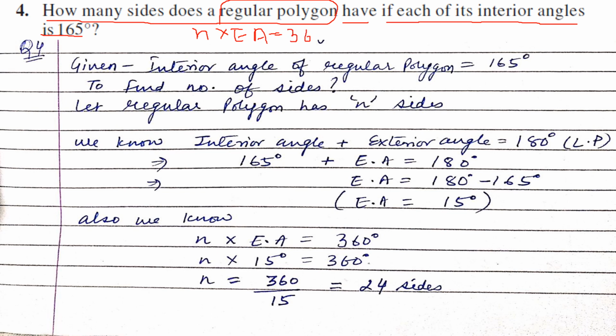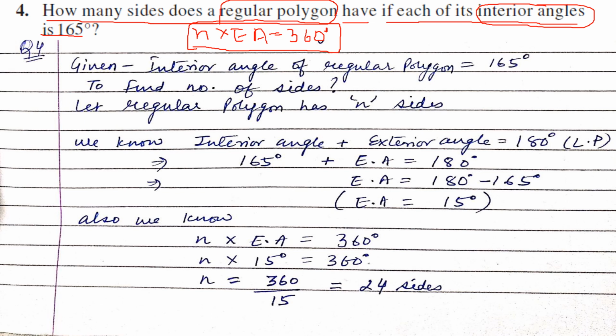But in this question what is given to us is not exterior angle but interior angle. What to do now? How can we solve this question to find number of sides? What we can do is use this interior angle to find exterior angle. If you remember, I told you in formula number 2 that sum of interior and exterior angle is always how much?